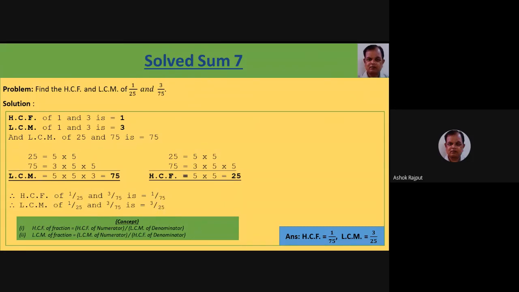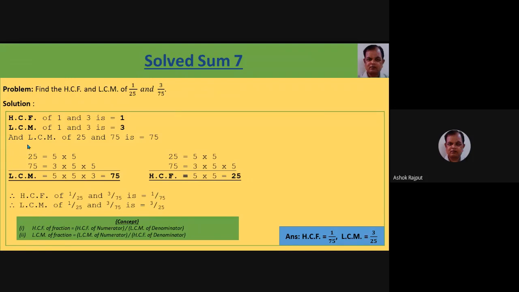Such way we have found that the HCF is 1 by 75 and the LCM is 3 by 25. And we have written the concept here also, so you can use it wherever you need. You can find the HCF and LCM of fractions this way. They may be different also. So we will practice such types of questions many times.